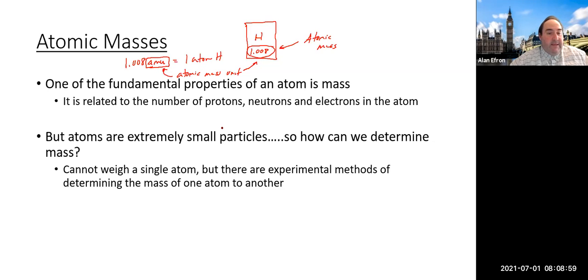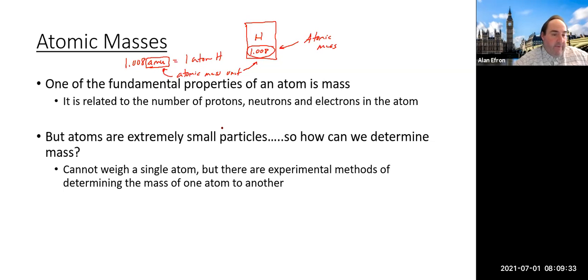It is the mass of the atom, and atoms are extremely small. You can't pick up an atom and put it on a balance, which is a scale, and weigh it. So oftentimes in science, and especially in chemistry, when there's no way to directly measure something, we choose something as a standard to compare everything else to.